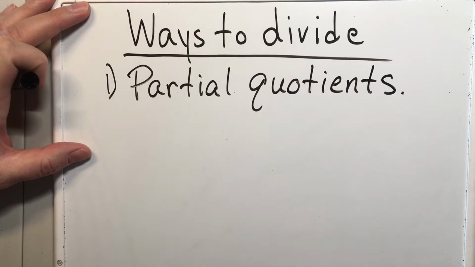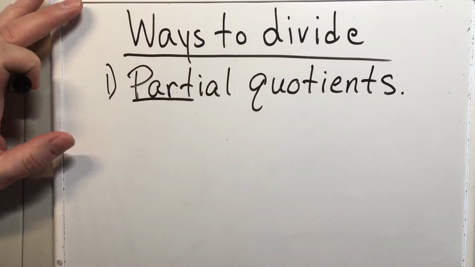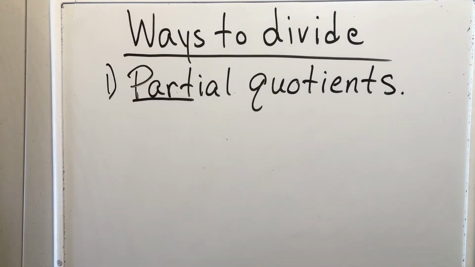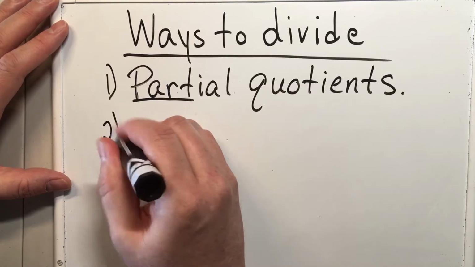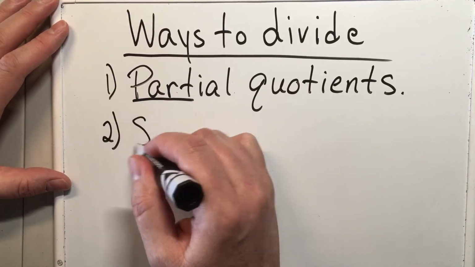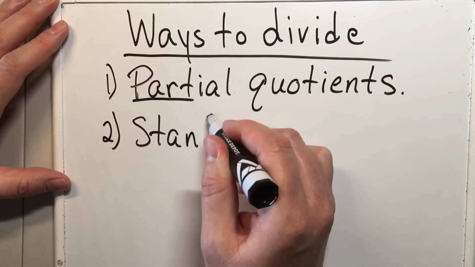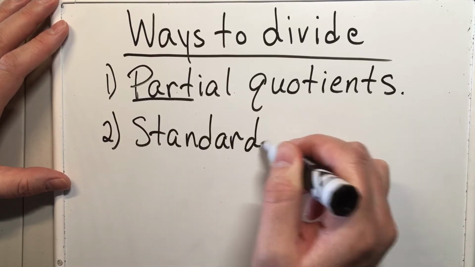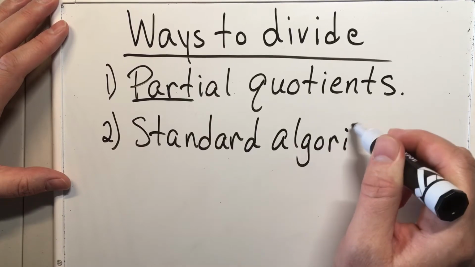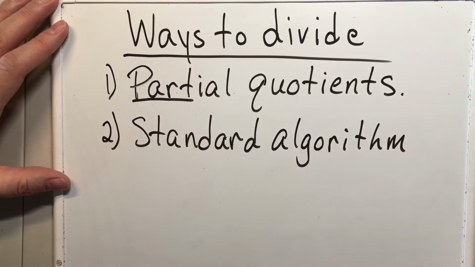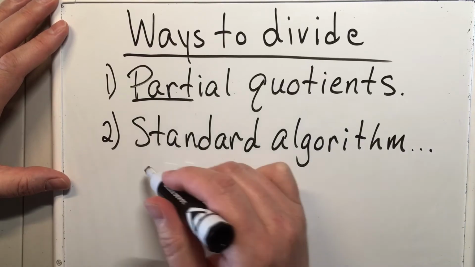If you've seen my other videos, you know that this idea of partialness is really big in education nowadays. So we try to find the parts of numbers to get to the actual answer. The second strategy is the standard algorithm, otherwise known as long division.